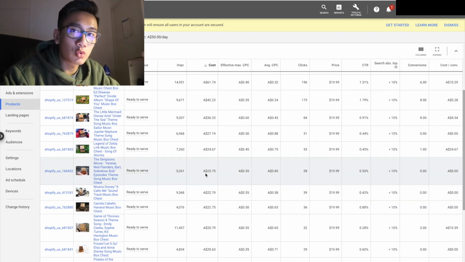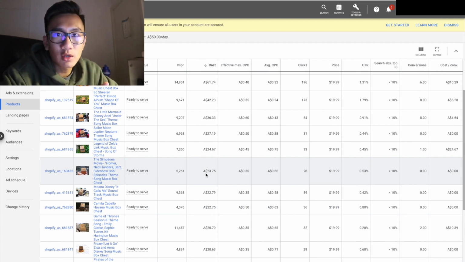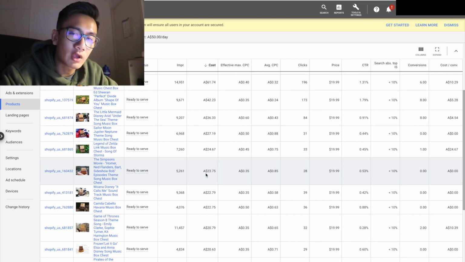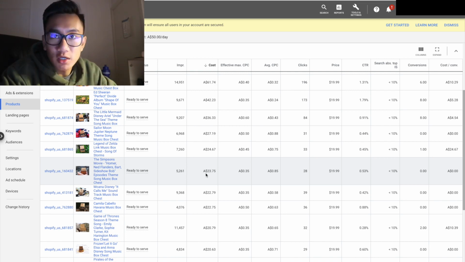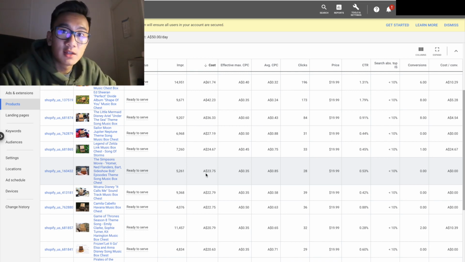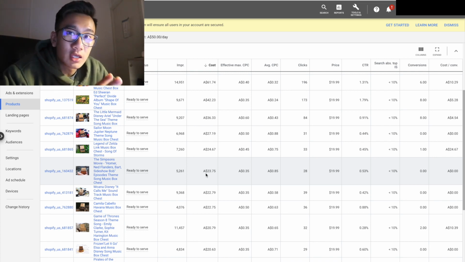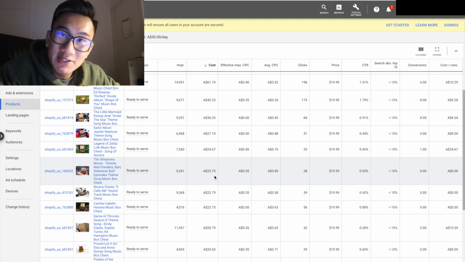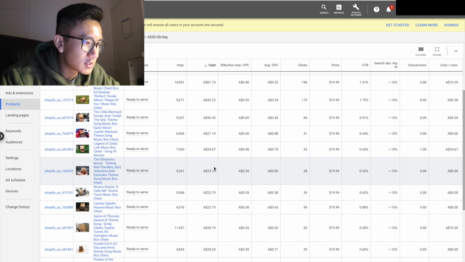Simpsons spent $23, so I'm looking, so $23 is like the break-even point. We have a bit more leeway than that, but in case of returns, shipping, refunds, everything, I like to keep at 20. This is in Australian dollars, so that even gives us more leeway. I want a cost per conversion of $10 on my purchases, so this needs to be halved.